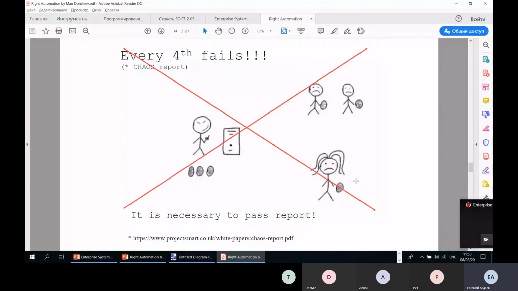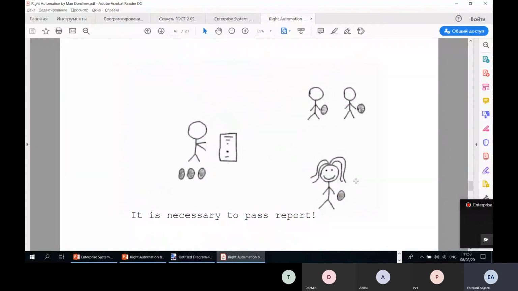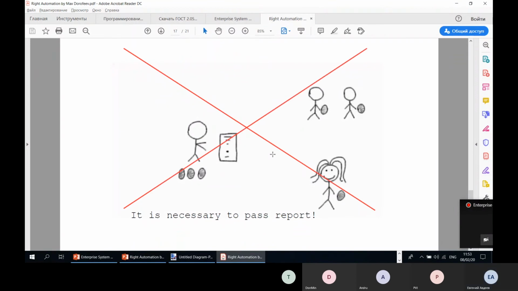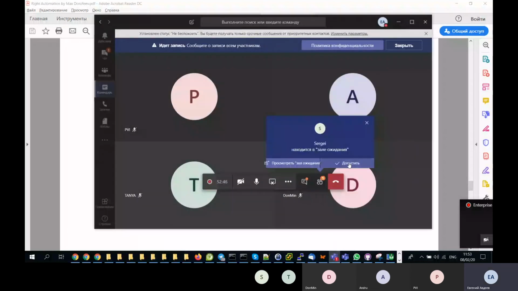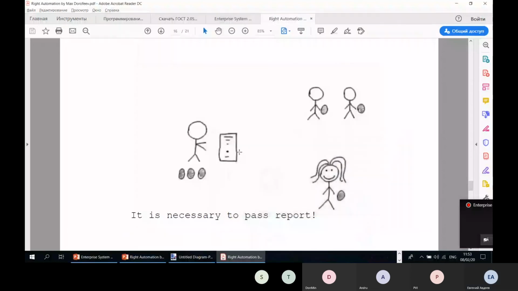But okay, imagine that everything is fine and this story happens successfully. This is bad, because this guy in this situation looks like he is staying in the company to support this system.